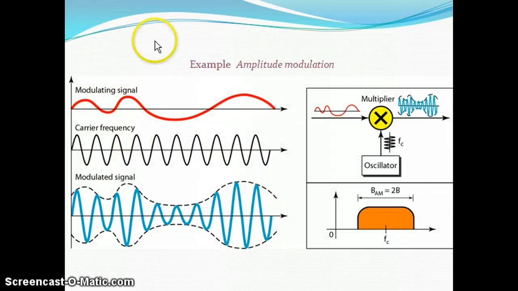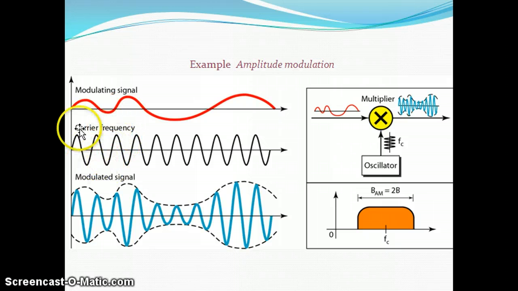In the case of amplitude modulation, the voice signal is here and the carrier signal. The message signal is of low frequency and your carrier signal is of high frequency. For long distance transmission, the amplitude of the carrier signal is varied in accordance with the amplitude of the message signal. The first one is the modulating signal and the second is the carrier frequency.